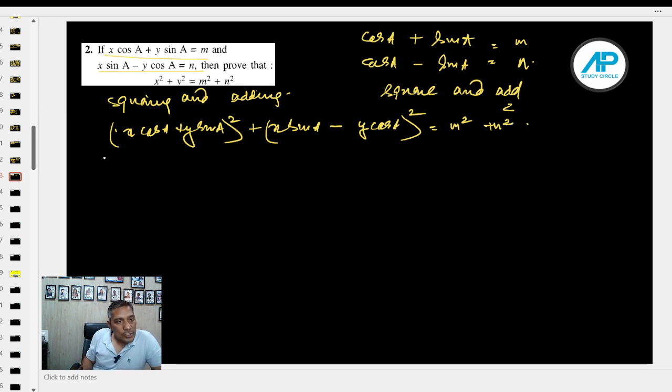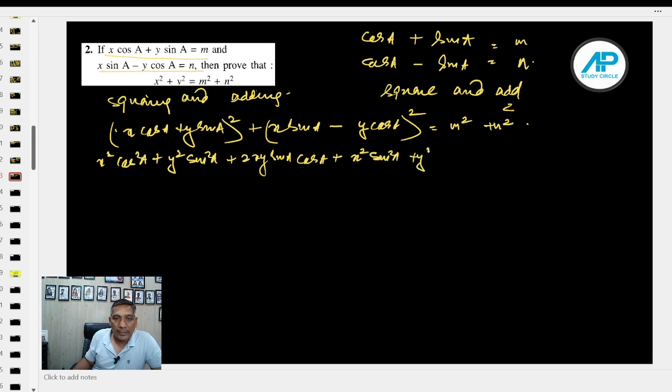So it is (a plus b) whole square, basically x squared cos squared A plus y squared sine squared A plus 2xy sine A cos A, plus x squared sine squared A plus y squared cos squared A minus 2xy sine A cos A, and it is equal to m squared plus n squared as usual.